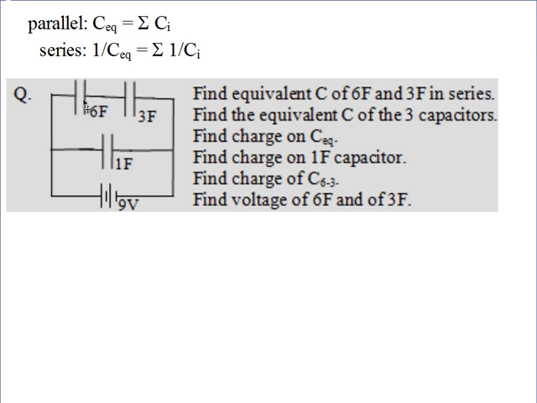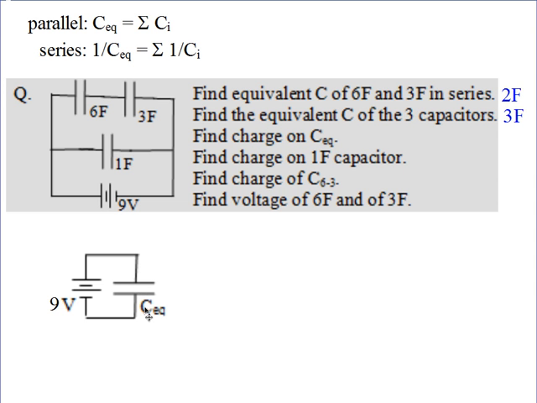And they are in series, so you add reciprocals. 1/6 and 1/3 is 1/2, but that's the reciprocal of the equivalent capacitance, so the capacitance across those two is 2 farads. But that 2 farads across here is in parallel with 1 farad, and so you just add them up and you get 3 farads, and that would be the equivalent capacitance of this circuit, would be 3 farads.